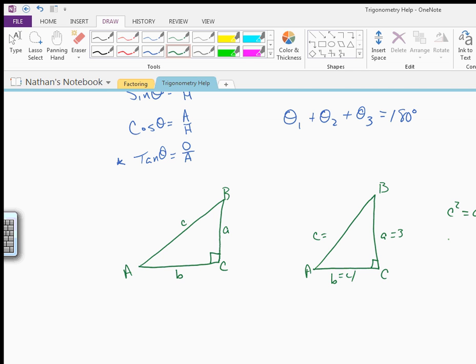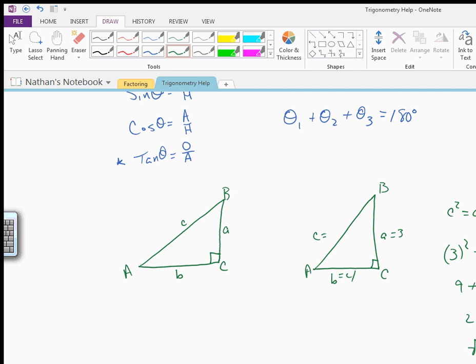We have 3 squared plus 4 squared equals C squared. That's 9 plus 16, which equals C squared. 25 equals C squared, and then we'll take the square root of both sides, so C equals plus and minus 5.